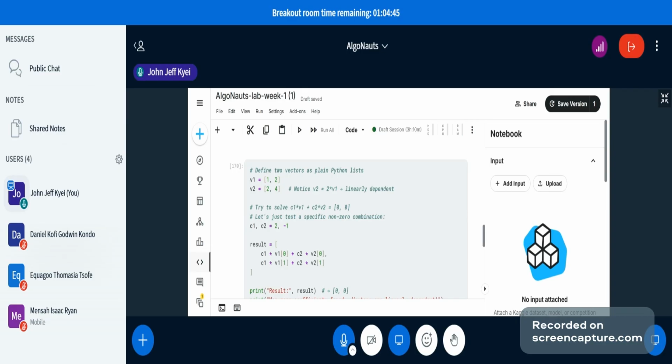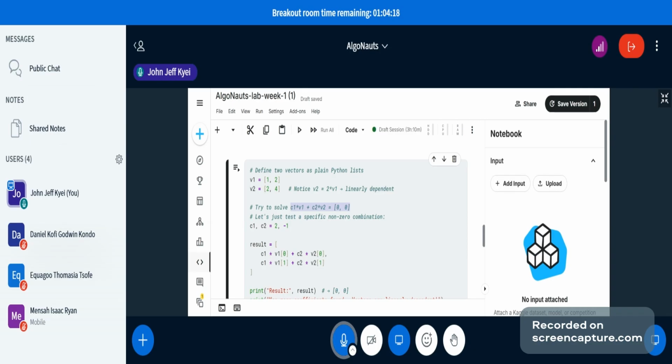That's what is going on, and that's what I'm trying to prove with the code over here. So we define two vectors. Vector 1 is (1, 2), vector 2 is (2, 4), and already we can tell that they are dependent because it's just 2 times v1 that will give me vector 2. So let's do the equation to test if it will work.